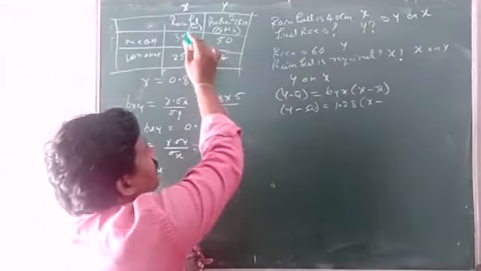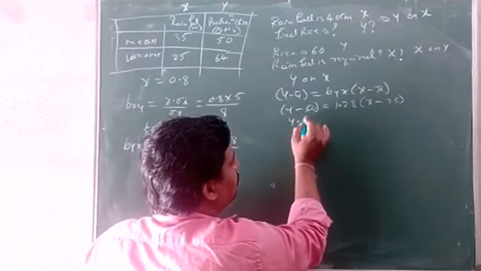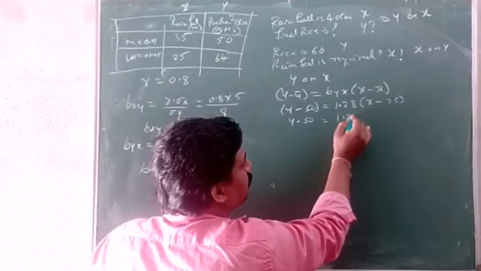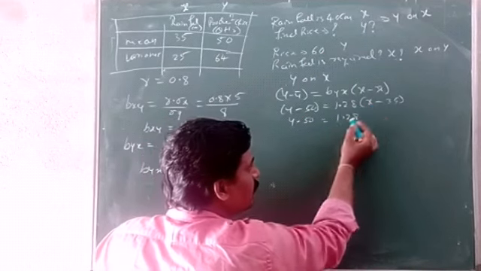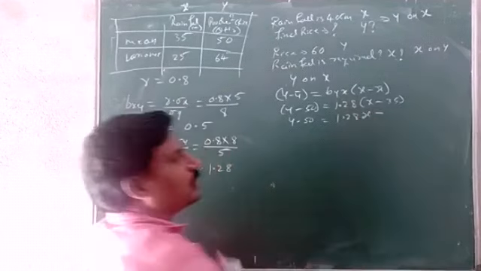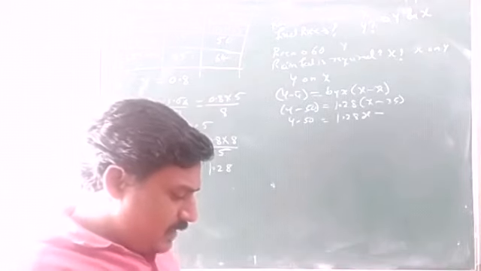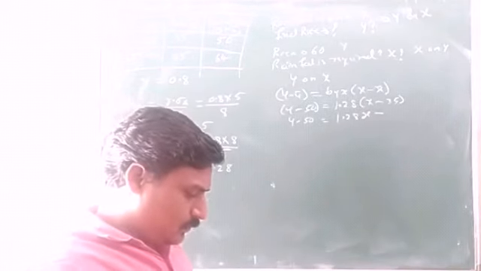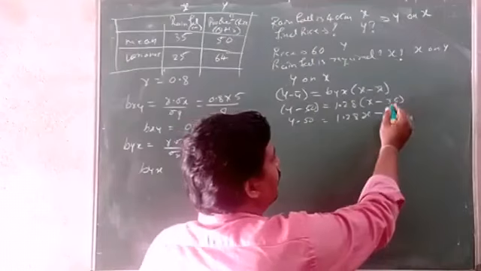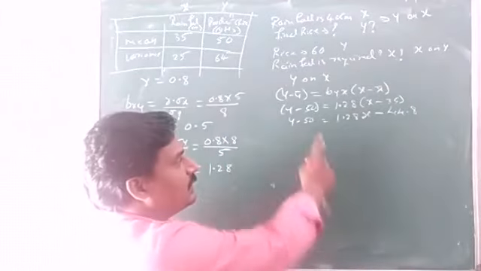X bar is 35. So y minus 50 is equal to 1.28x minus 1.28 into 35. 1.28 into 35, that is 44.8. Now send this 50 that side.